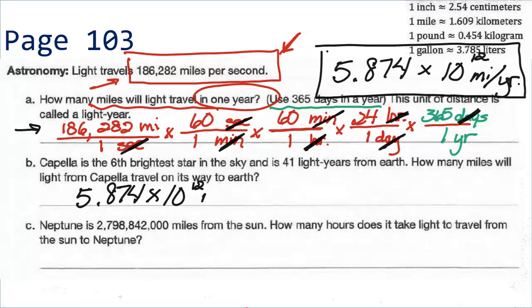This number of miles is for 1 light year. So if I take that number of miles and multiply it by 41, how many miles is that going to be? Really, really big.